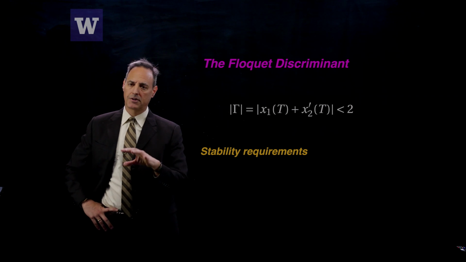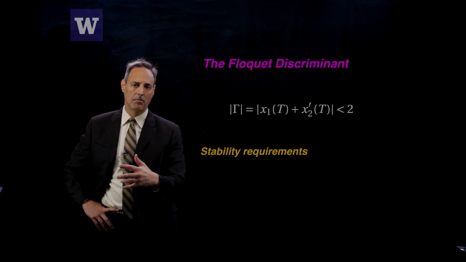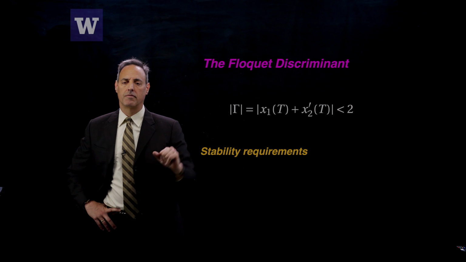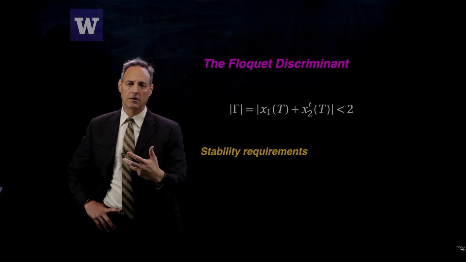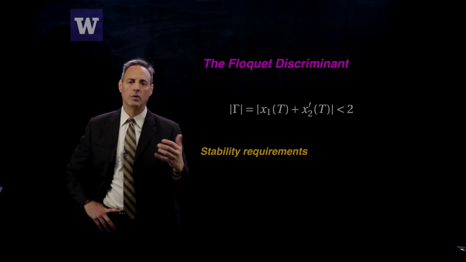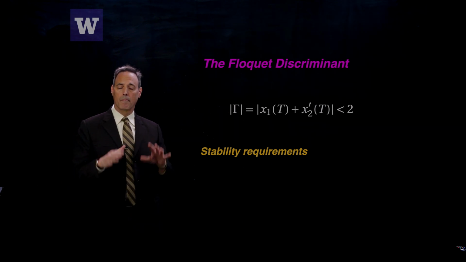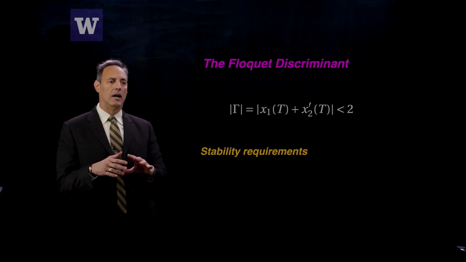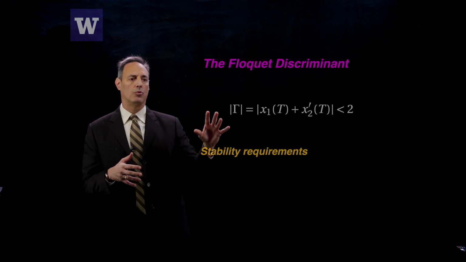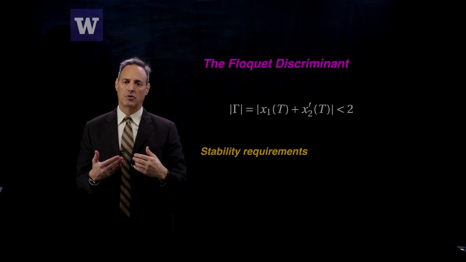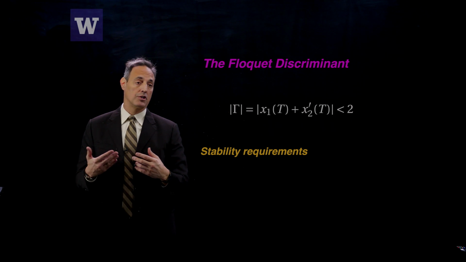So for this simple problem, like the Hill's type problem, this is the condition for stability. You can compute the Floquet discriminant, show it's less than 2, and then you're guaranteed to have stability. Now what's important about this is that, generically, what you'd want to do is compute this Floquet discriminant. You can do this numerically as well.